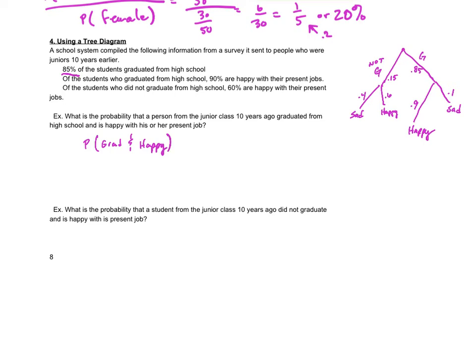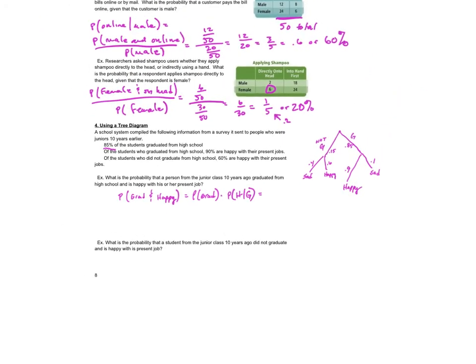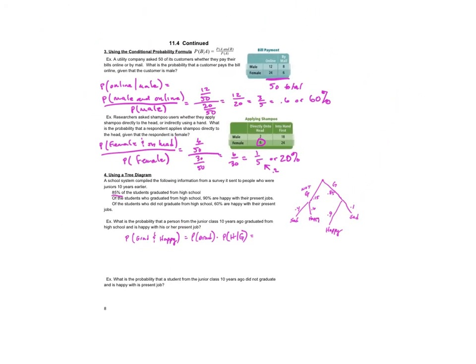Okay, so we have the probability that they graduated times the probability that they are happy based on that they graduated. Or, they graduated, so it's the pool that graduated from there.